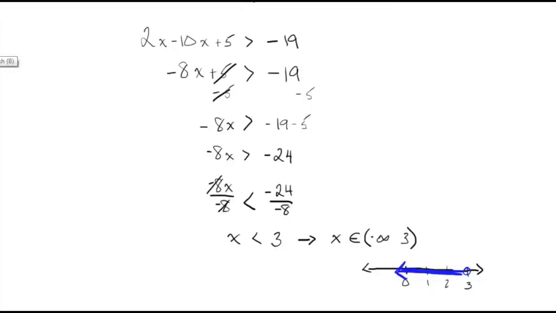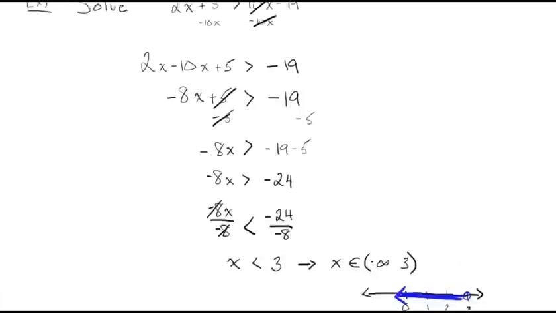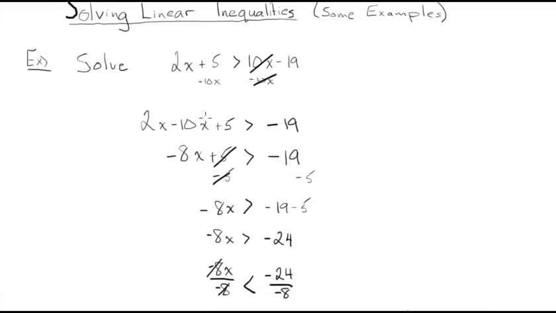Okay, one thing you should be aware of when solving these inequalities is, notice at the beginning I chose to collect my x variables on the left side of the inequality. Doesn't really matter what you do. If you had done it on the right side, you would have ended up with something like this after a few steps.